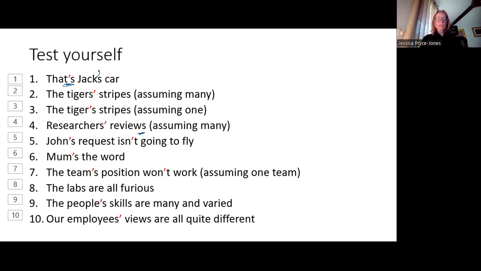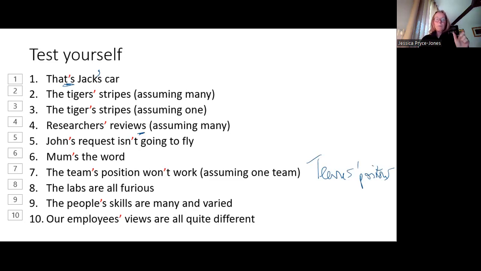Mum is the word. The position of the team, assuming one team. Now, if it was many teams' positions, the apostrophe would go afterwards. Okay, the teams' positions, because you've got lots of teams. Okay, the labs are all furious. Well, it's just a simple plural, so it doesn't have an apostrophe.